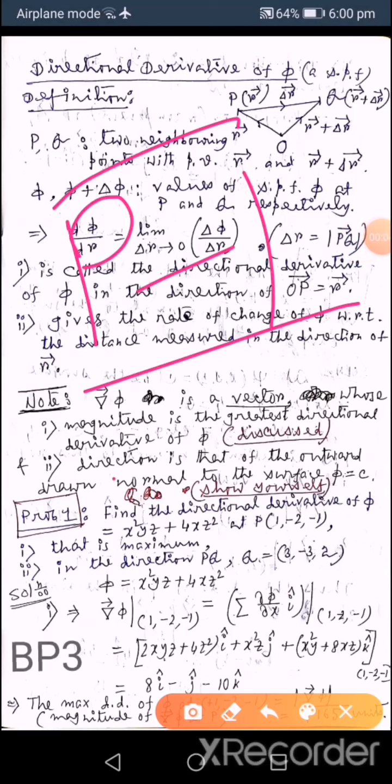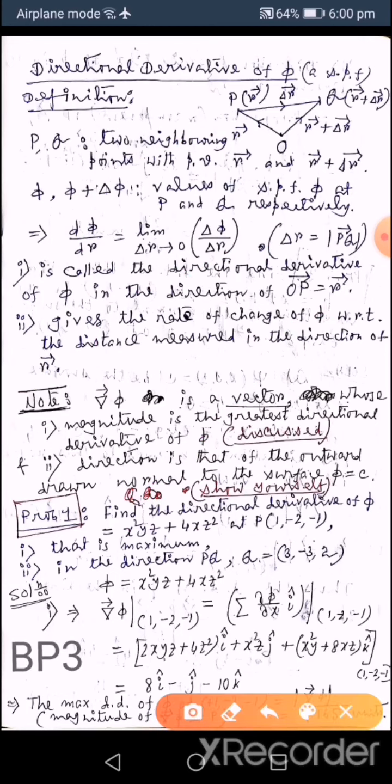Problem number 1. The question is, find the directional derivative of phi equal to x square yz plus 4xz square at P (1, minus 2, minus 1). That is the maximum, first part, and second part the same in the direction of PQ, where Q is equal to (3, minus 3, 2).